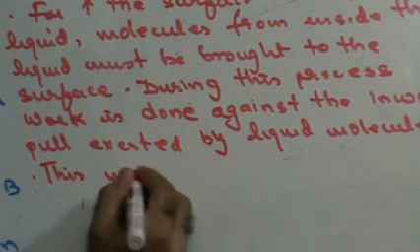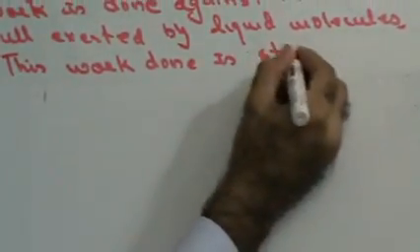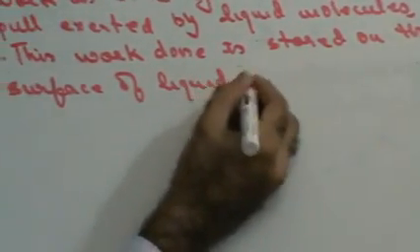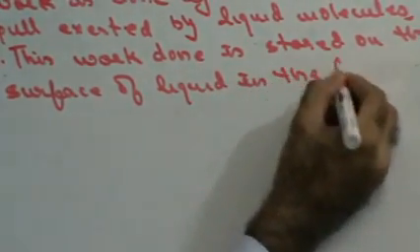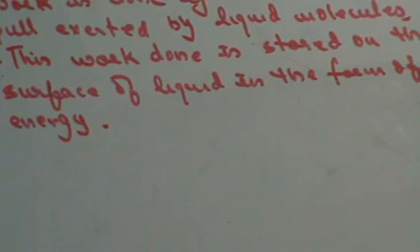This work done is stored on the surface of the liquid in the form of energy. Right? This increases the surface area of the liquid and increases the potential energy of the liquid.